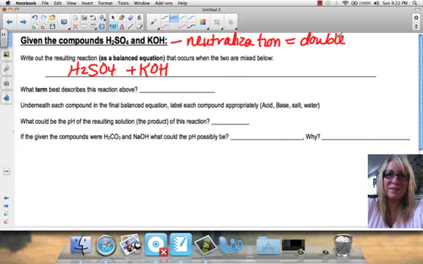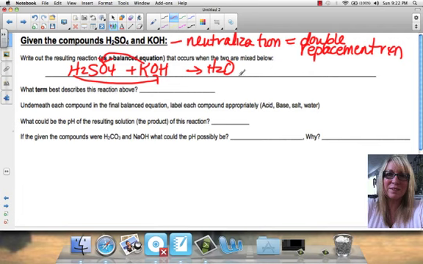You have two compounds, and they are going to switch partners and wind up with H2O and a salt. So this is neutralization.